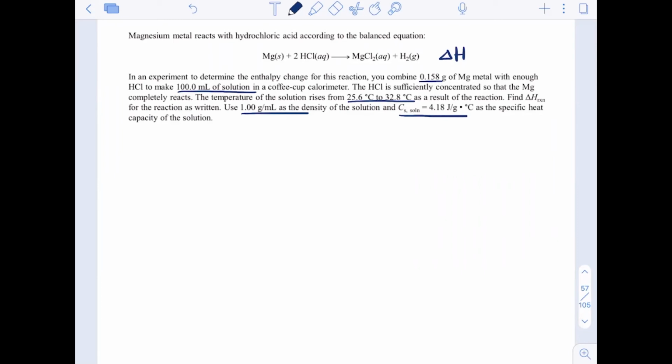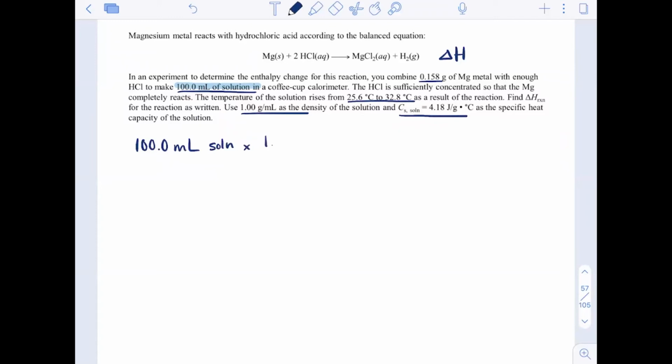We're going to use that later for moles of the reaction, moles of magnesium in this reaction. But it says that 0.158 grams of magnesium is mixed with enough water to make a final volume of 100 milliliters. That is going to help us to find the mass of the solution.